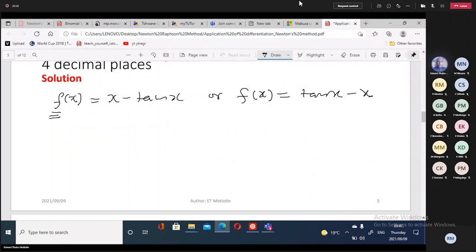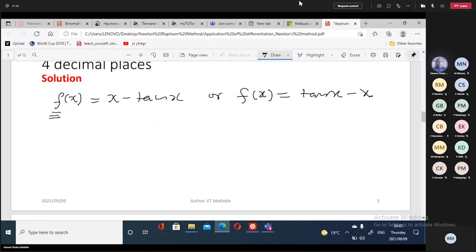I have a solution. Let me calculate 4.6. Let's see what I have there. If I were to change the order, I'll explain the concept. I'm just checking it.